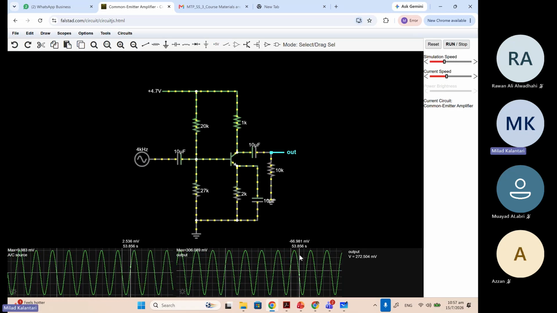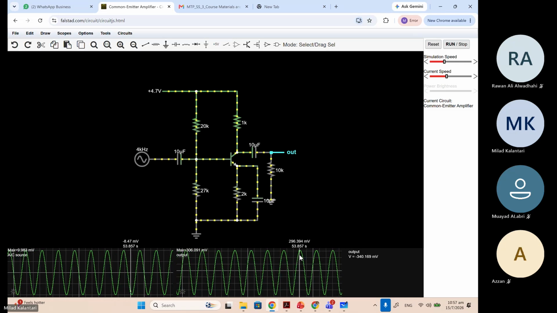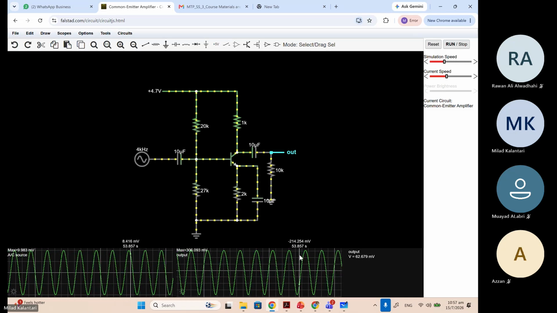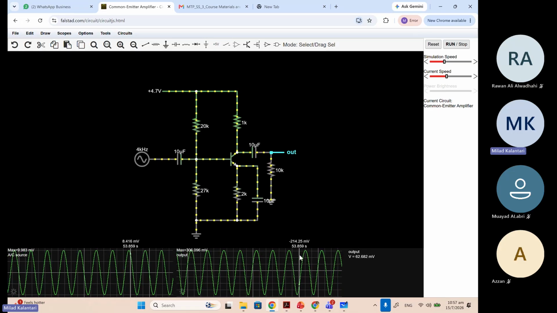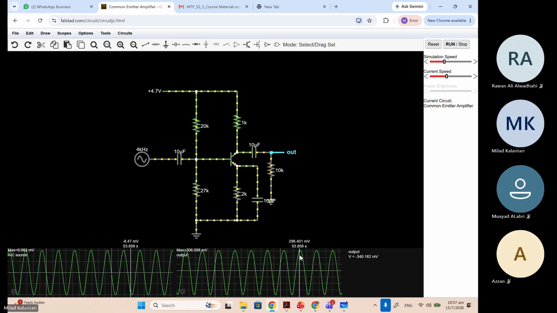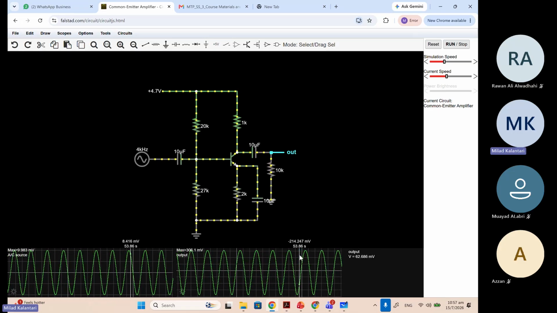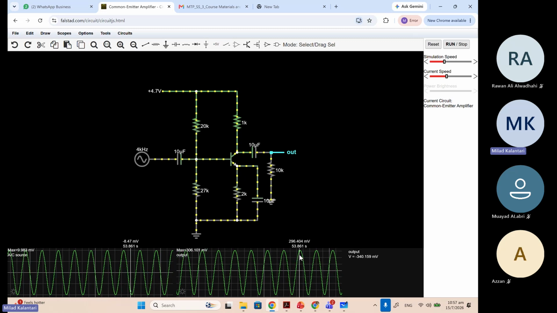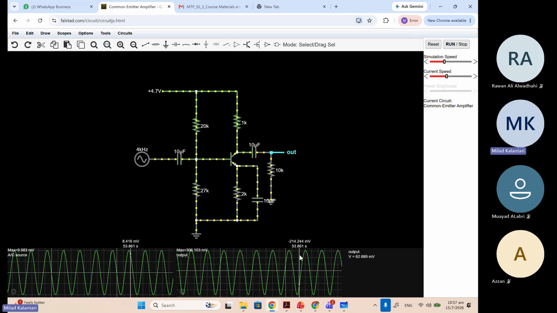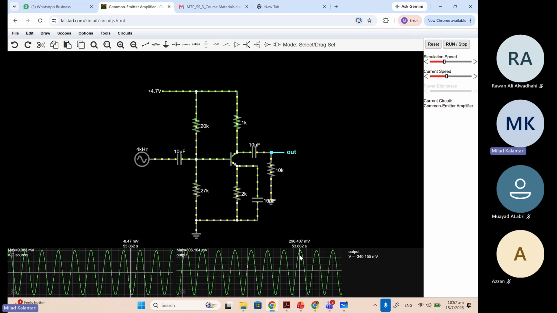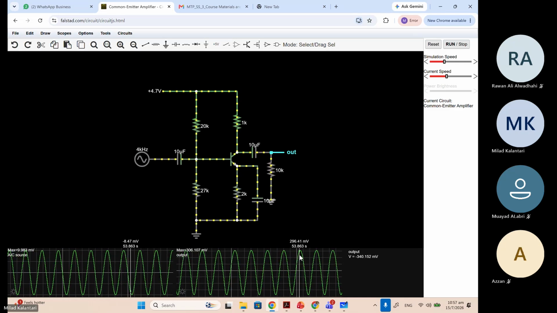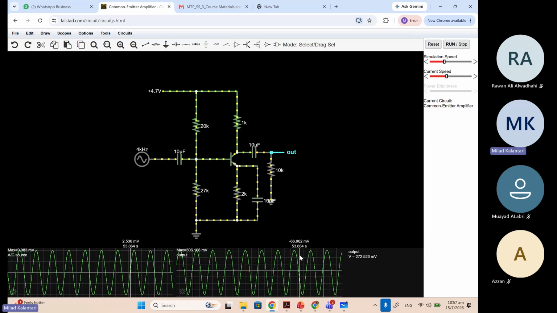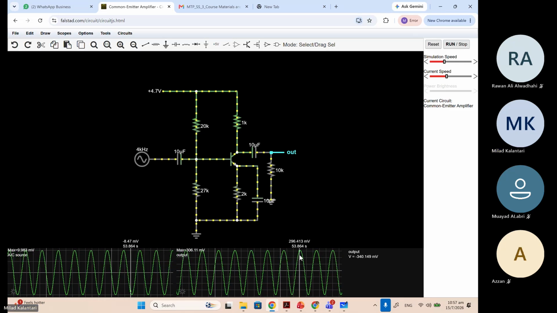What is changing? We are changing the input, but once we increase the input, the gain is less than what we calculated initially. Why is this happening?